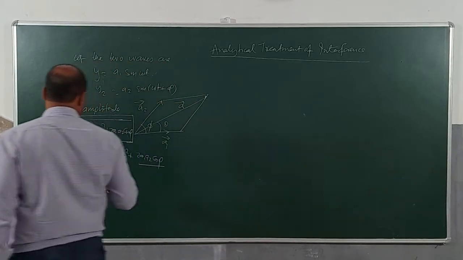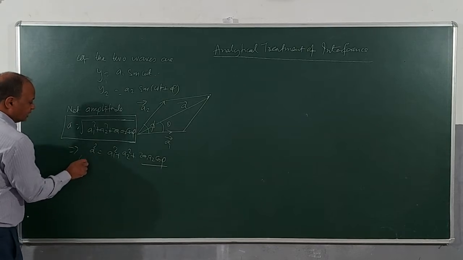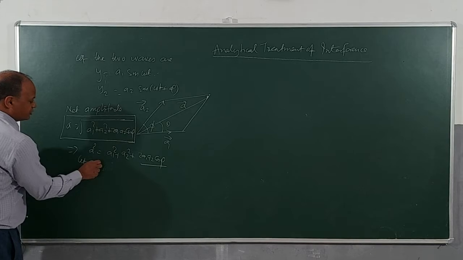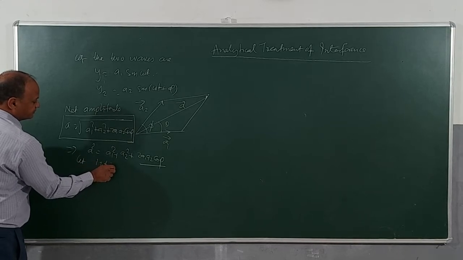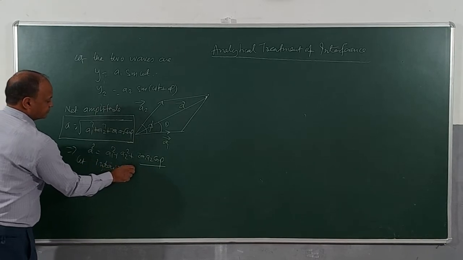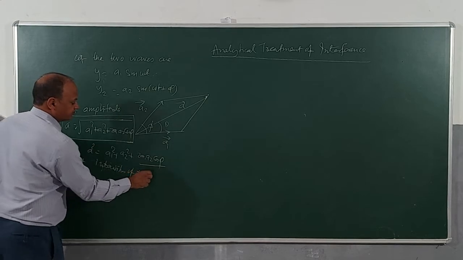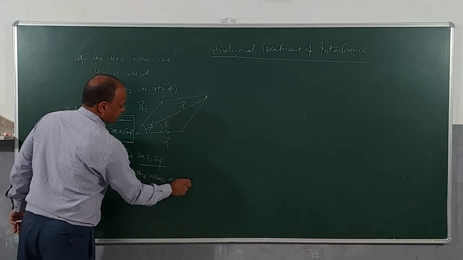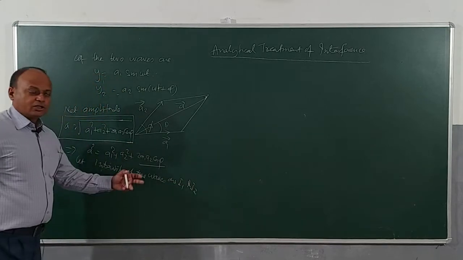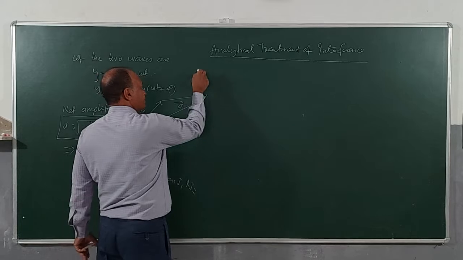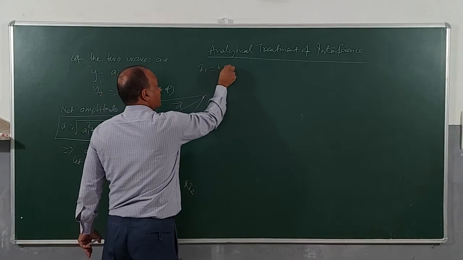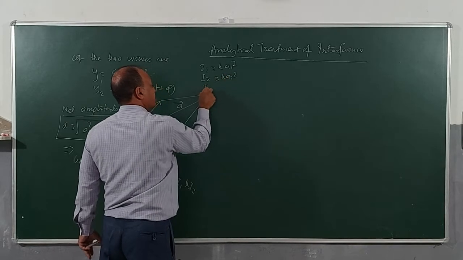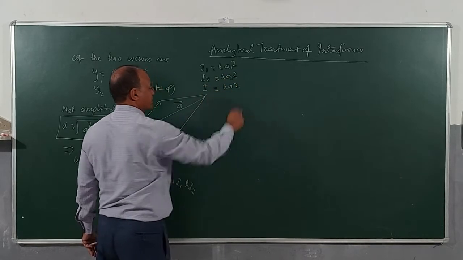So, we will say let intensities of the two waves be I1 and I2. You know the relation that we discussed, I1 is equal to K into A1 square and I2 is equal to K into A2 square, and net intensity I will be K into A square.